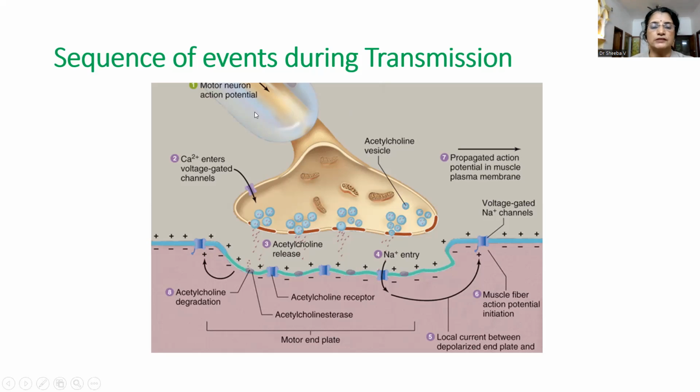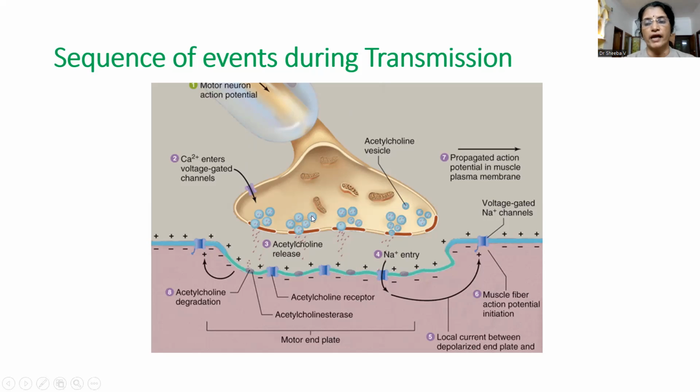When this action potential reaches the motor neuron terminal, it causes the opening of the voltage gated calcium channel, and calcium influx occurs. This causes the excitation of the synaptic vesicles.